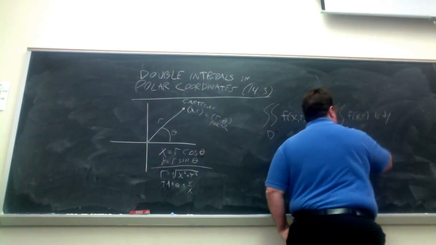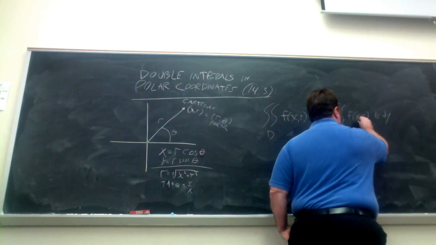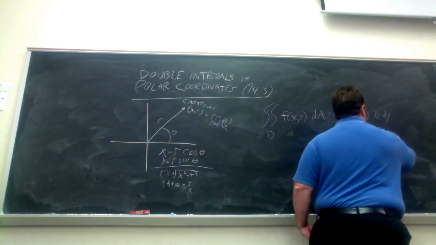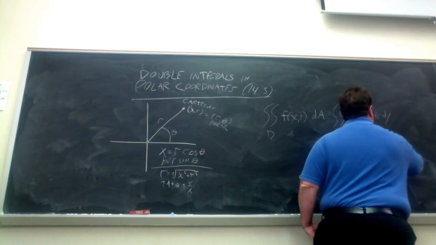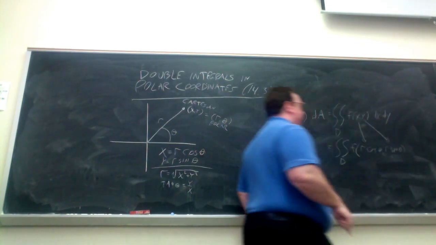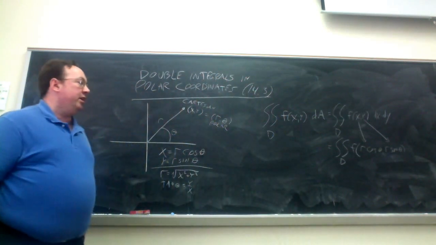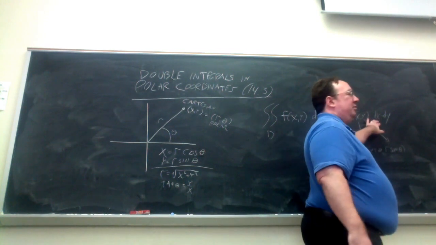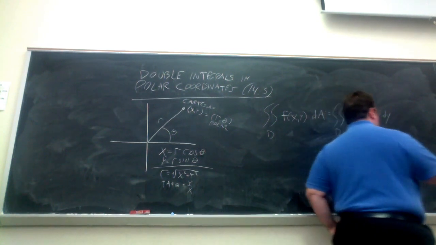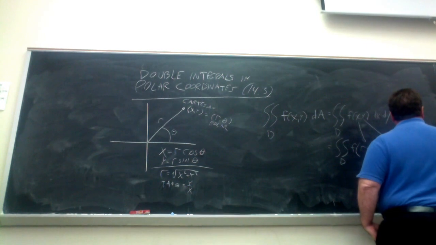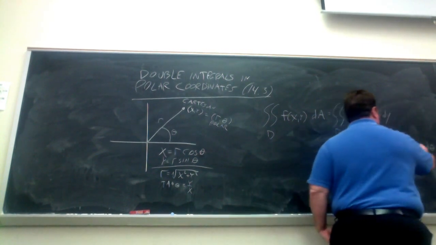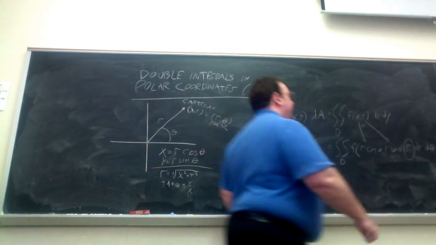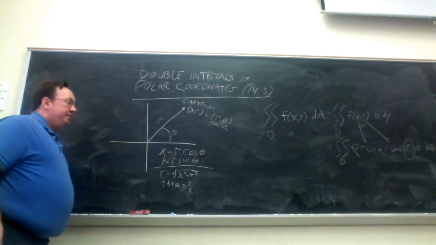So you fill in your integrand: x becomes r cosine theta, y becomes r sine theta. You make those substitutions directly into x and y in your integrand. And then you might think, okay, we had dx dy before, so now you're going to have dr d theta, but that's not everything. Do not forget this extra factor, r, that has to be included.